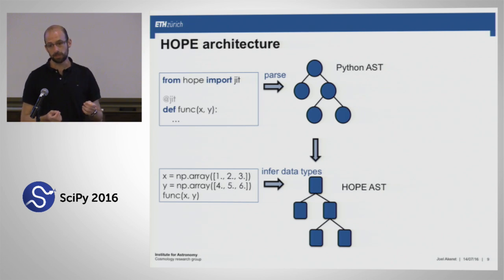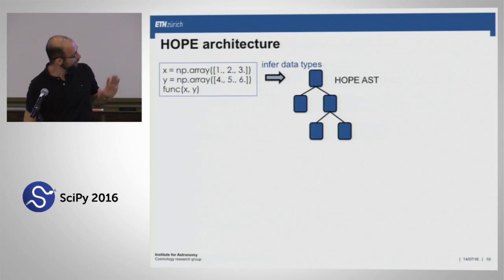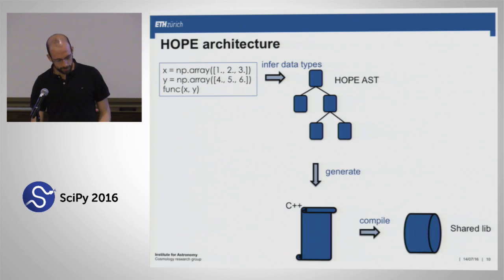It's a strongly typed version of the previous tree. Now that it's strongly typed, we can do really cool stuff with it. We walk through the tree structure, and from that tree we generate C++ code. Then we have a file that we can compile, and at the end, we get a shared object library that we can use for our purpose.